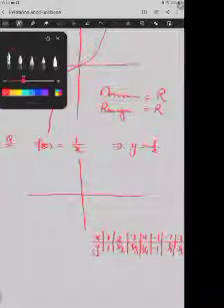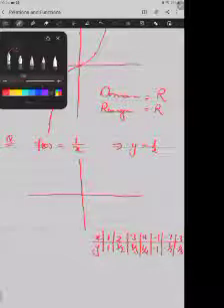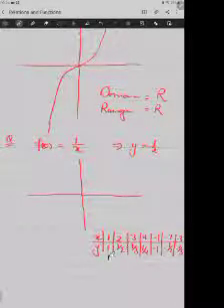One more thing I'm doing. 1 is 1 itself, but 1 by 2 can be written as 0.5, 0.33, 0.25, minus 1, minus 0.5, minus 0.33.